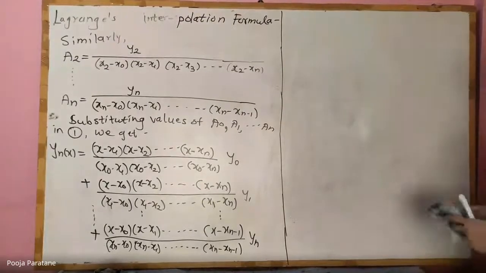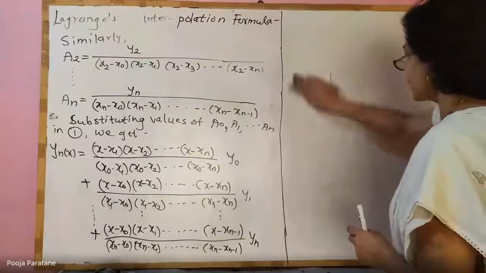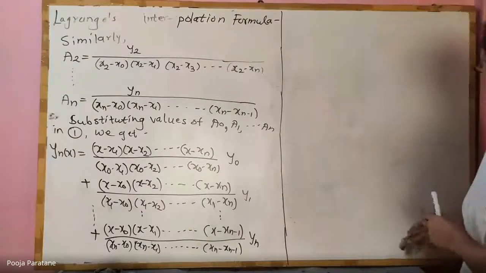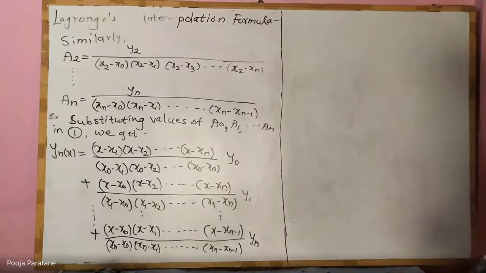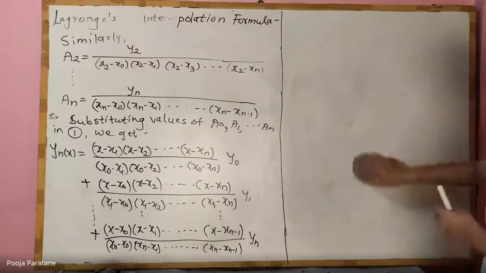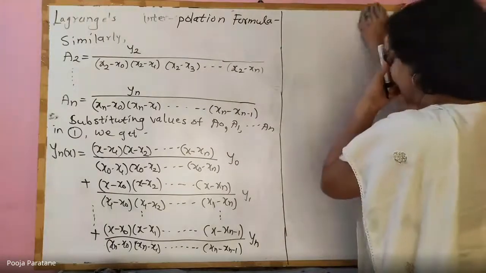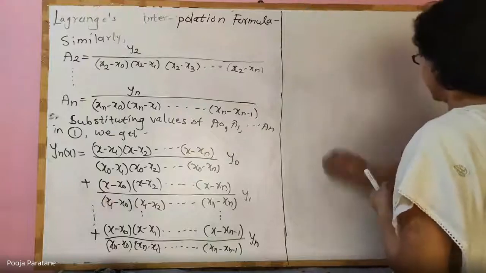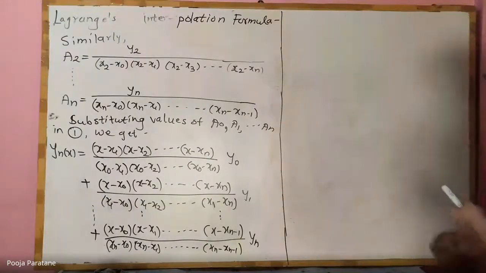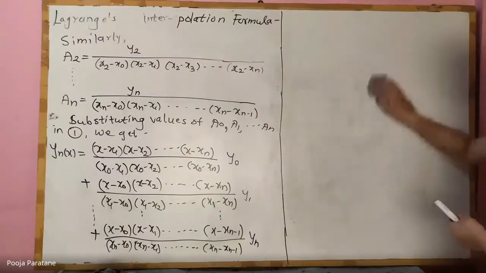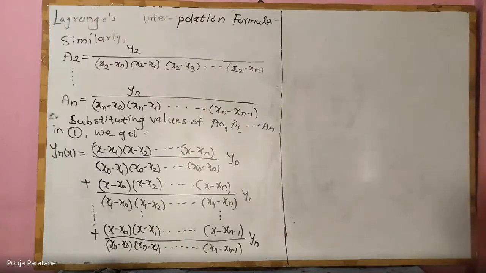Next, one more use of this Lagrange's interpolation formula is, as you have seen partial fractions, when you have seen integrals, how to integrate a function by using partial fractions. So those partial fractions also we can find using this Lagrange's interpolation formula.